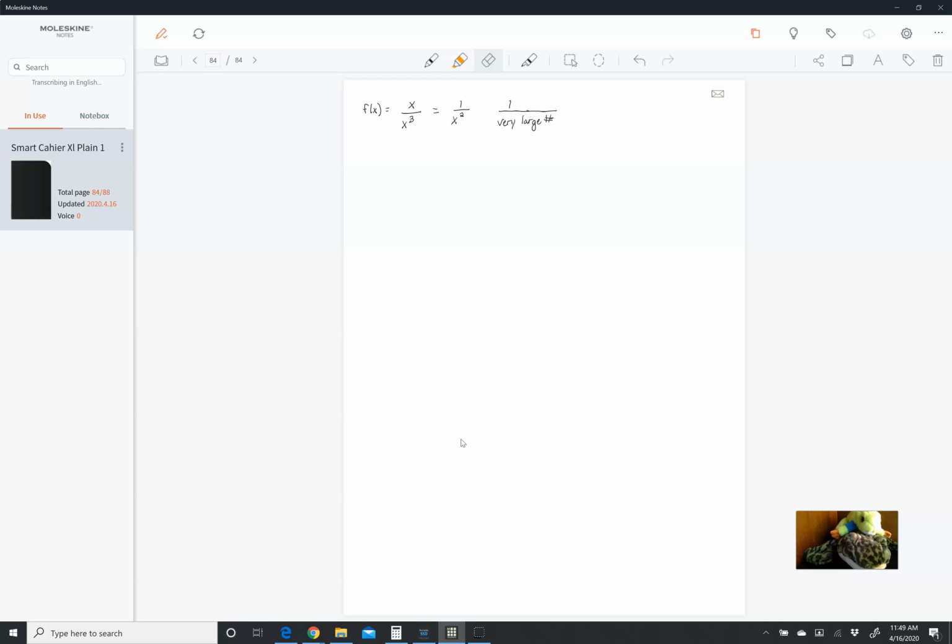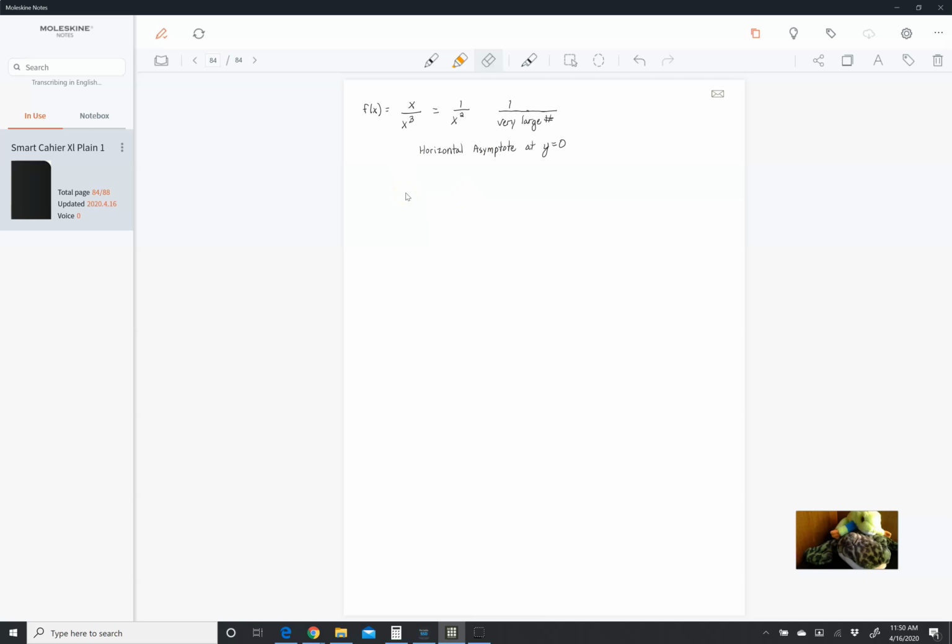So our asymptote is once again at y equals 0. Okay. And just a quick note, your vertical asymptote is also at x equals 0, because if x were equal to 0, then this would be undefined. Okay, so we have a vertical asymptote here as well.